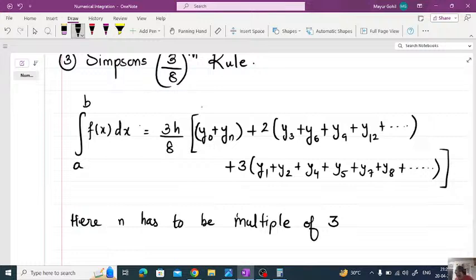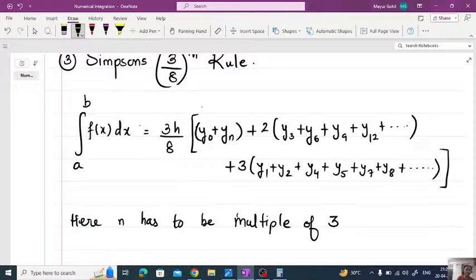Did you all get this? Did you get these 3 formulas?